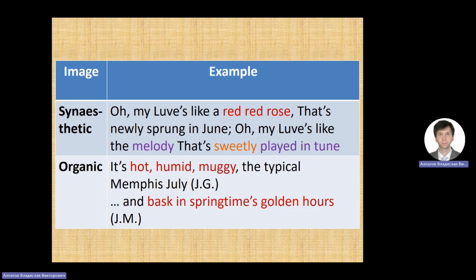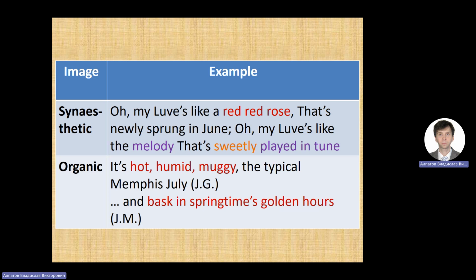Oh, my love's like a red, red rose that's newly sprung in June. Oh, my love's like the melody that's sweetly played in tune. And here we have input from all five senses: seeing, red, red rose; smelling, rose; melody played in tune, that's hearing; and sweet, that's taste, right?